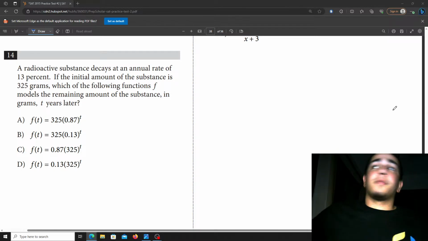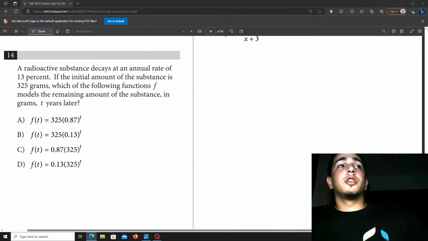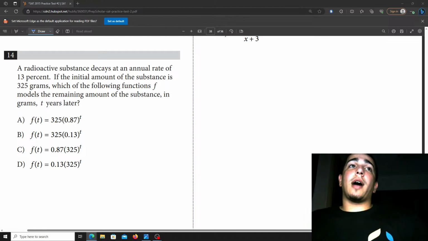Alright, we'll go through it. So number 14, a radioactive substance decays at an annual rate of 13%. If the initial amount of the substance is 325 grams, which of the following functions f models the remaining amount of the substance in grams t years later?